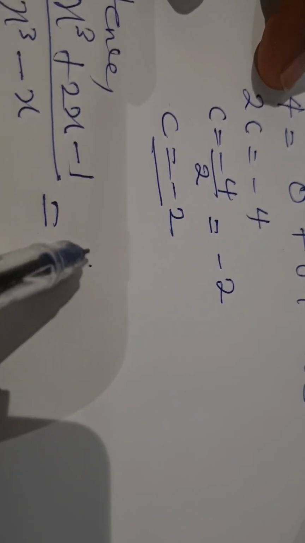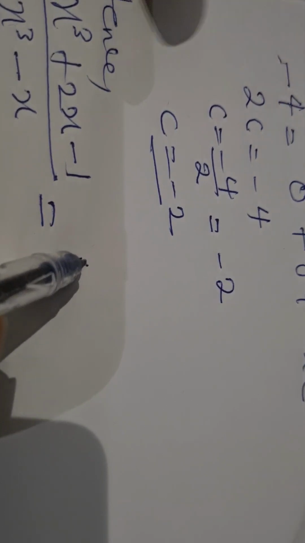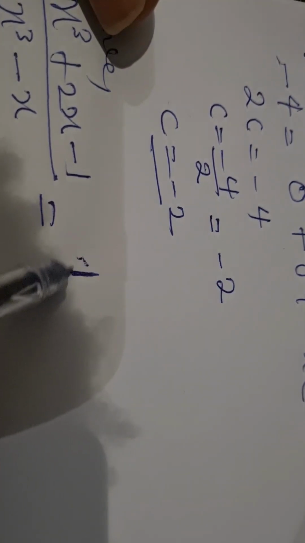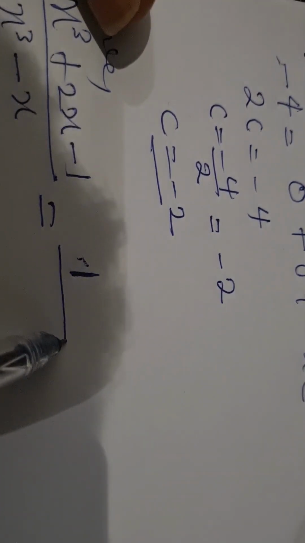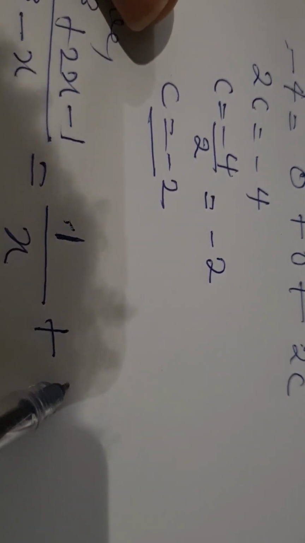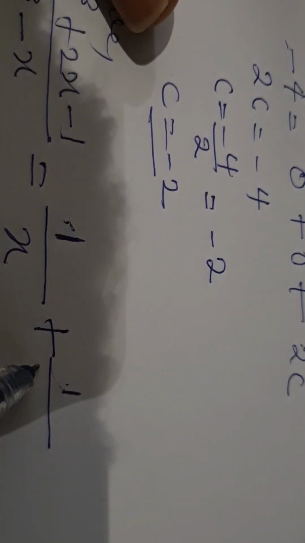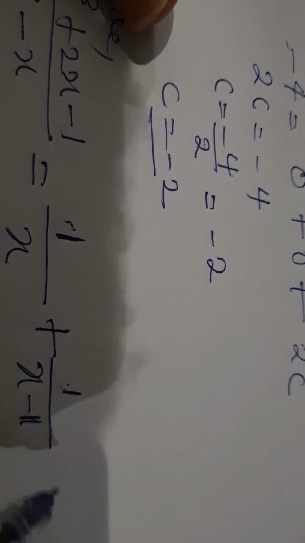Now remember we had 1. We got a to be 1. So this is 1 over x plus b is what? b is 1, right? Over x minus 1.